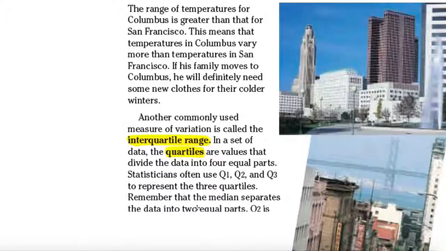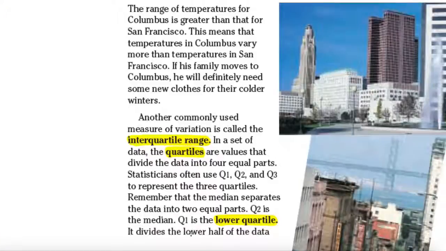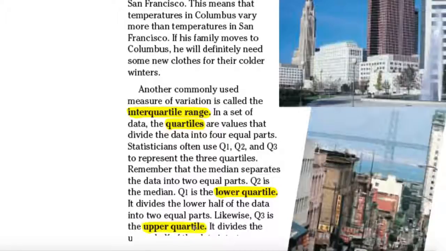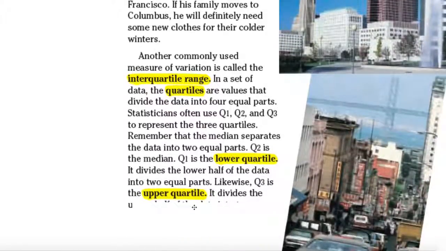We learned this previously. Q2 is considered to be the median of the set of data. Q1 is our lower quartile, and it divides the lower half of the data into 2 equal parts. Likewise, Q3 is the upper quartile, and it divides the upper half of the data into 2 equal parts.